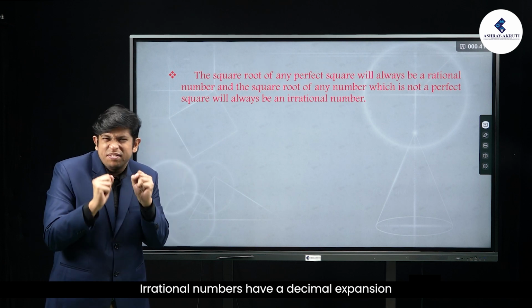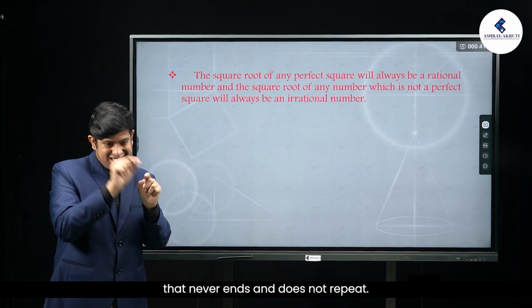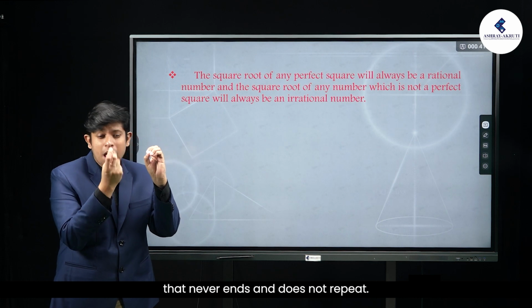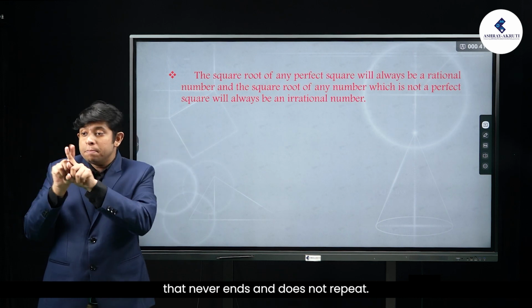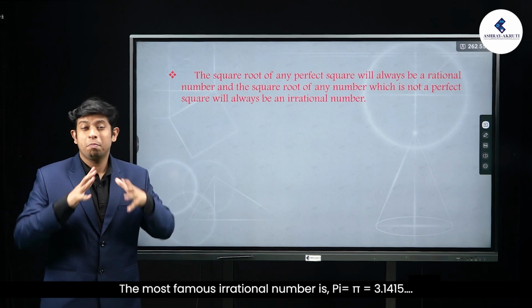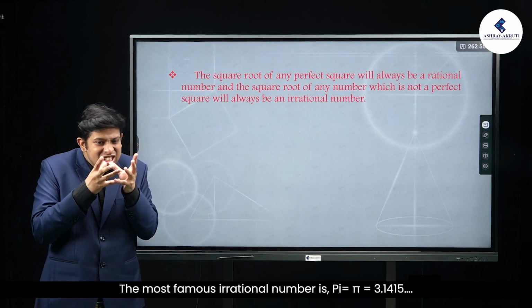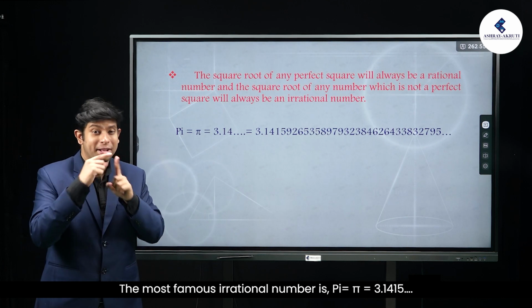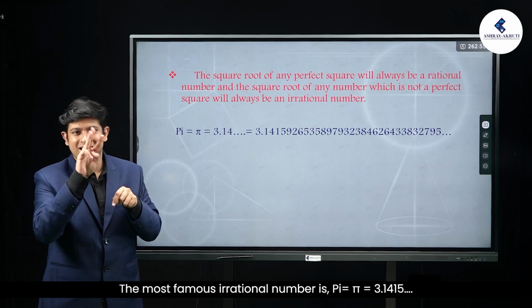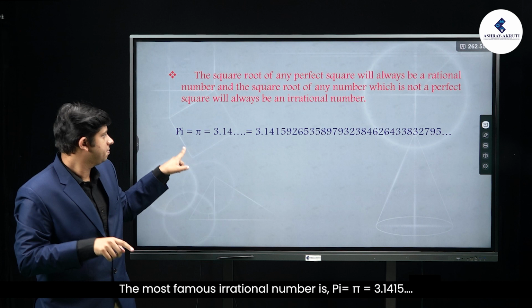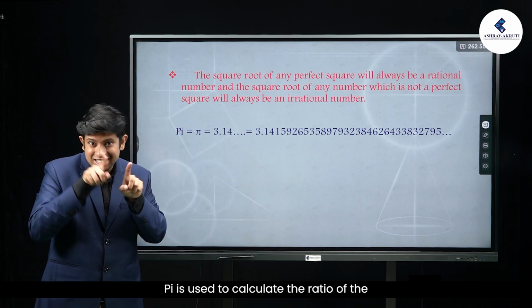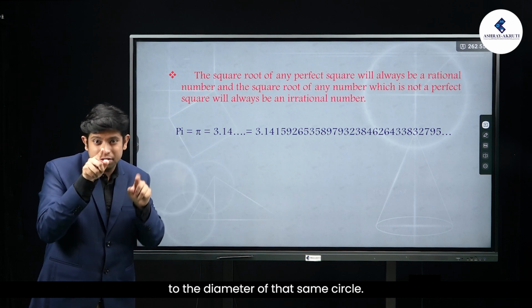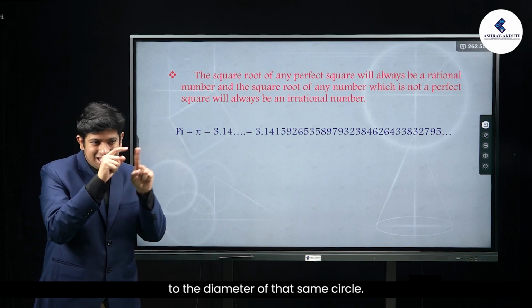Irrational numbers have a decimal expansion that never ends and does not repeat. The most famous irrational number is pi, which is equal to 3.1415 and so on. Pi is used to calculate the ratio of the circumference of a circle to the diameter of that same circle.